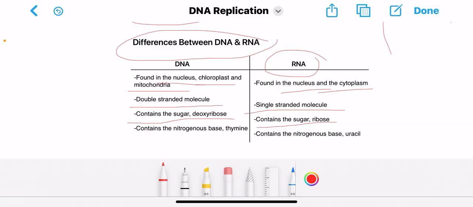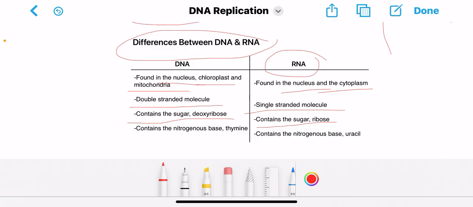Now, they're going to ask you in multiple choice, or in a matching type question, which sugar is found in RNA, and you're going to have to choose between A only, B only, both A and B, or none. They're going to give you options. Or if it is multiple choice, they're going to give you A, B, C, and D. Then you're going to choose the one which is right.